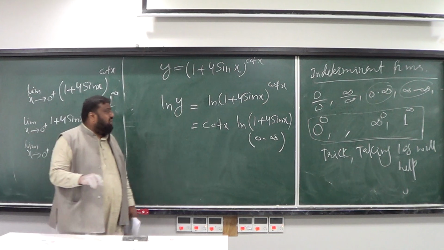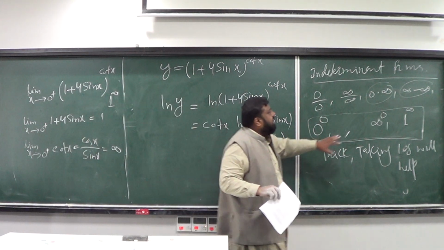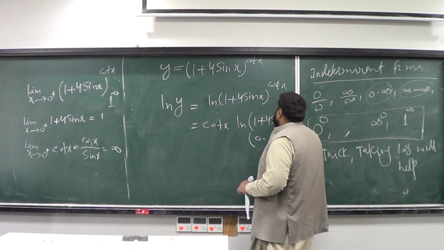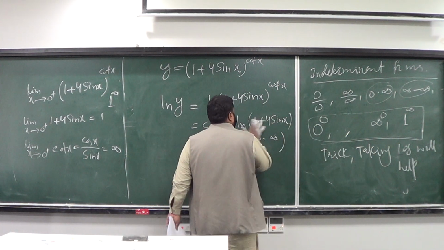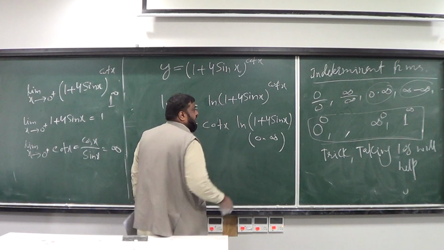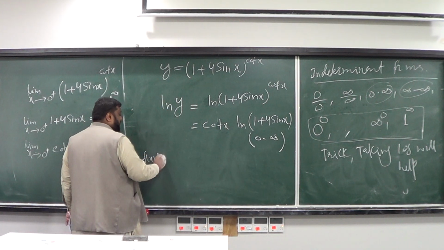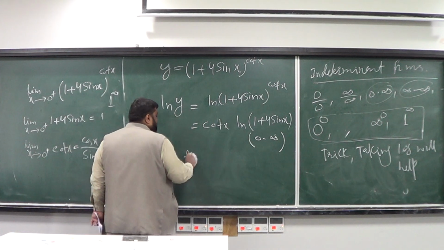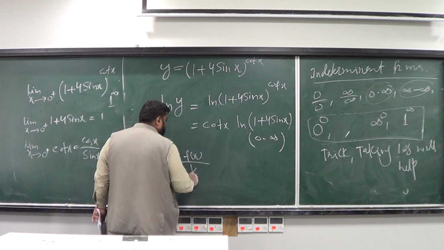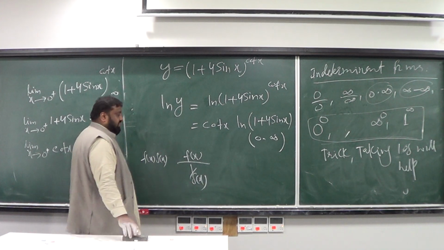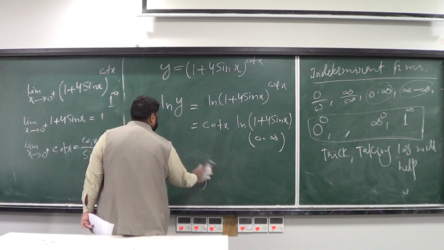And how do we convert 0 multiplied by infinity form into the 0 by 0 or infinity by infinity form? By taking one of the factors into the denominator. In other words, if you have f of x times g of x, try to write it in this form, f of x divided by 1 over g of x, and compute the limit.